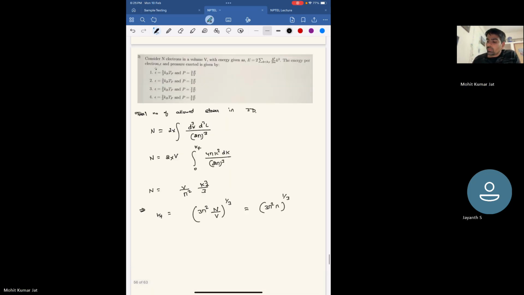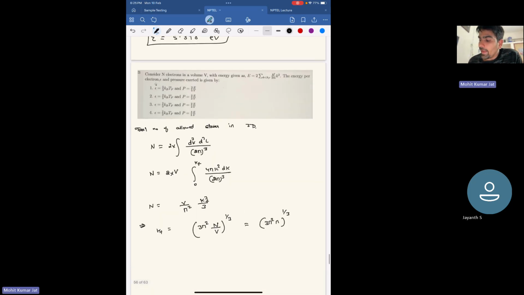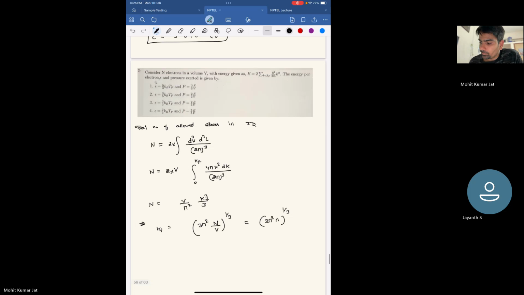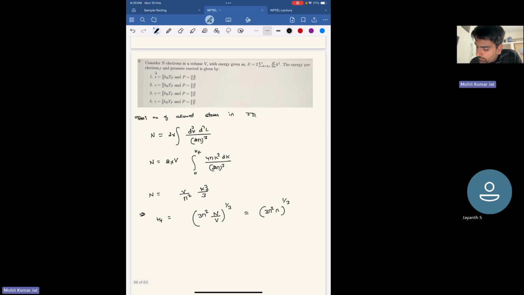Now the question is asking what is the average energy. So the energy per electron, the question is asking. So basically the energy per electron will be E by N, right?